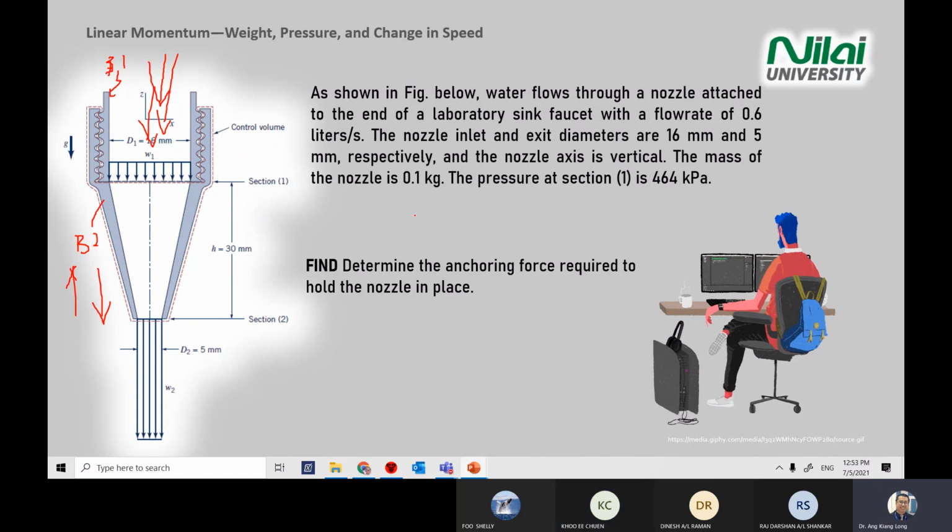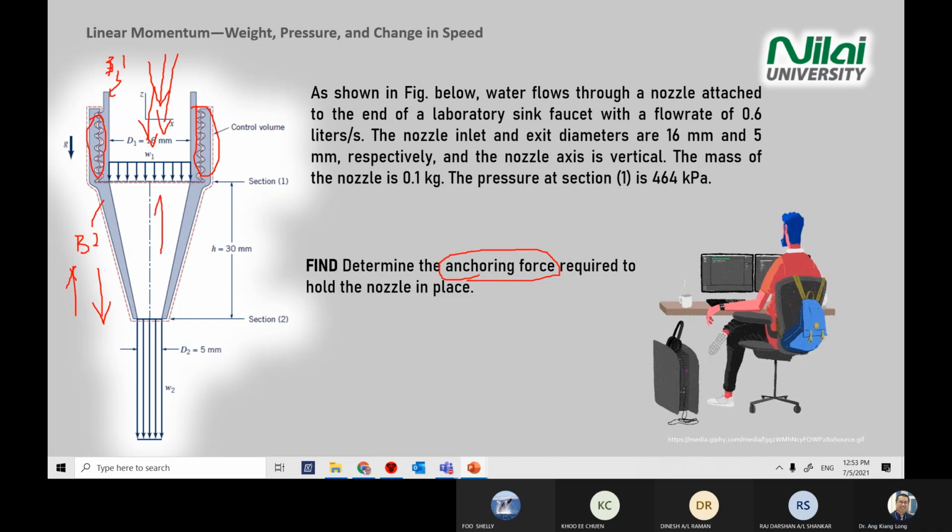Now the question asks you to determine the anchoring force, meaning there must be some force over here that locks the body between B1 and B2 and doesn't allow body number 2 to fly away, to move down.